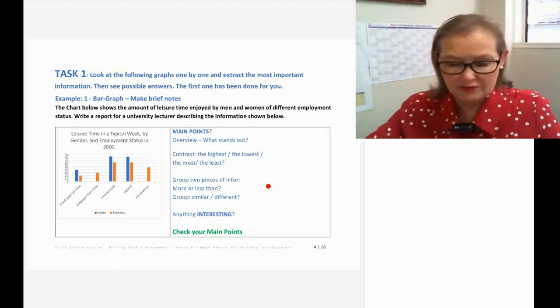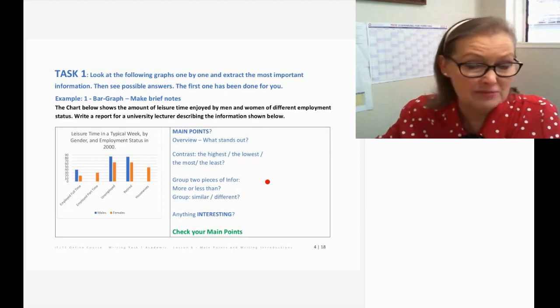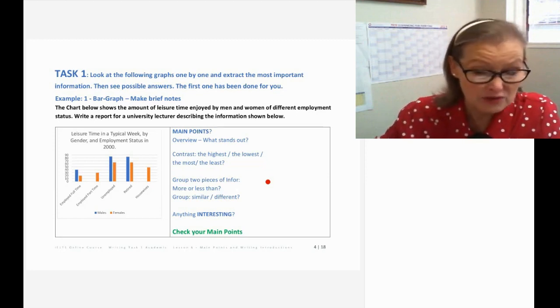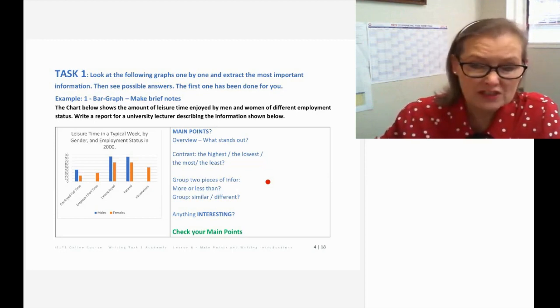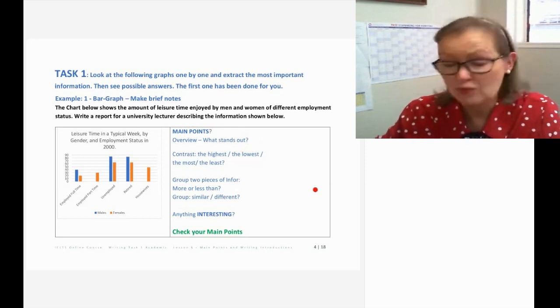So I'm going to give you a few minutes just to examine the graph and make some notes. If you need to make a screenshot, the worksheet will be available after the lesson, I'm told. If you need to make a screenshot and just make some notes on a pad, you're going to be filling in the information that's in blue on the right hand side.